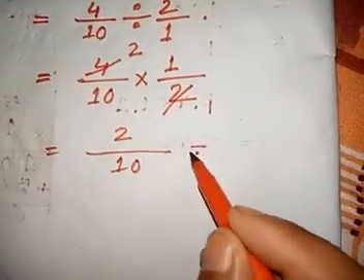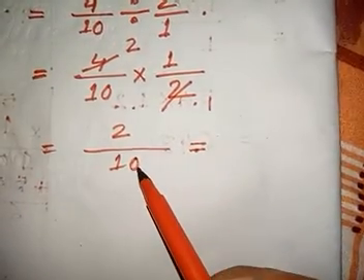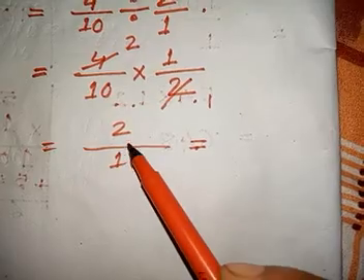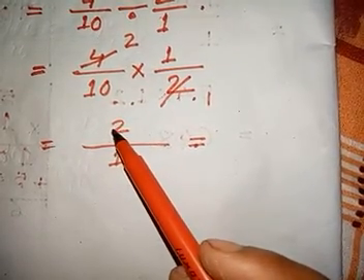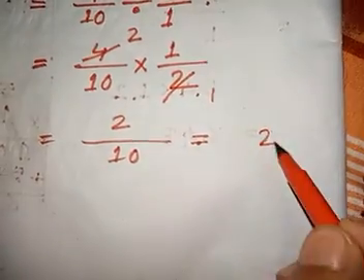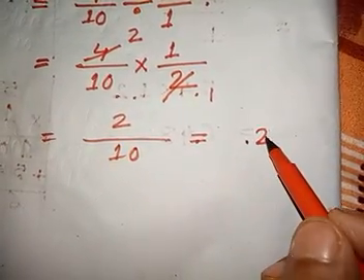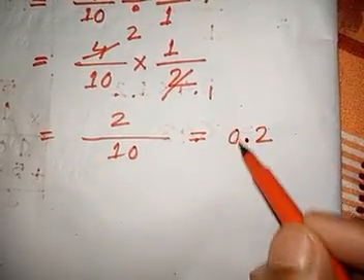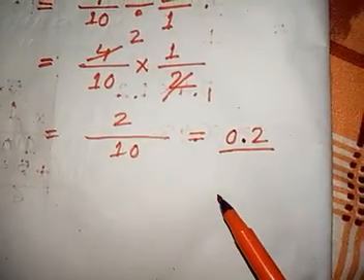Now you see how many zeros are there. It is 1 zero. That means you have to give the decimal before one digit. Here it is 2, 1 digit is there, so the point will go before 1 digit. That means before 2 you have to give the point. That means the answer is 0.2.